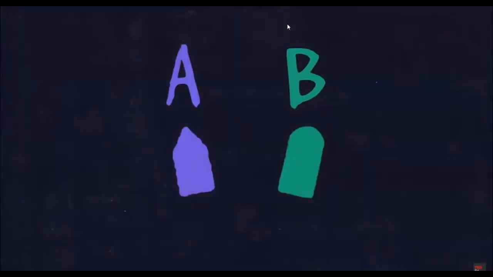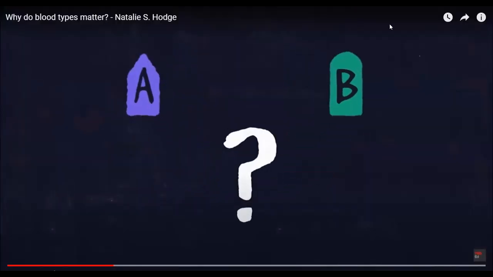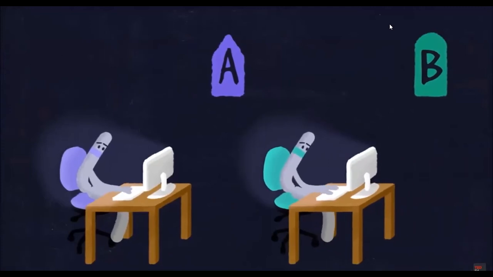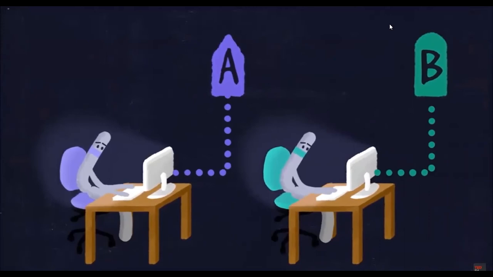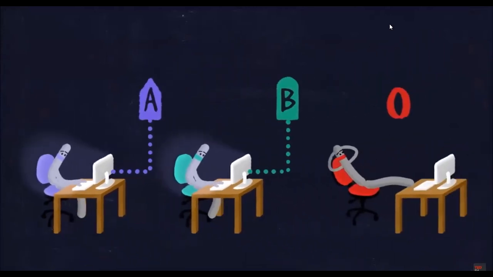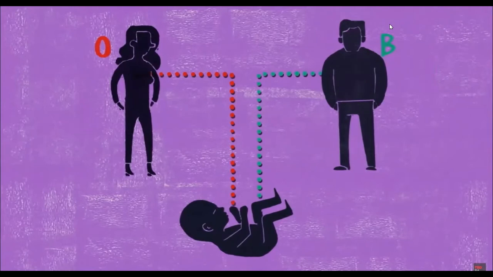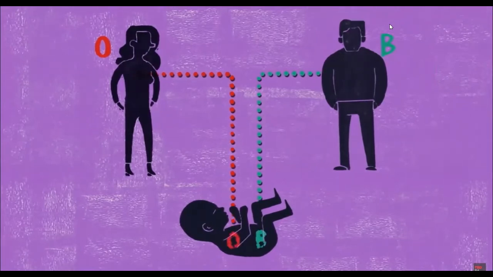But how do we get four blood types from only two antigens? Well, the antigens are coded for by three different alleles, varieties of a particular gene. While the A and B alleles code for A and B antigens, the O allele codes for neither. And because we inherit one copy of each gene from each parent, every individual has two alleles determining blood type.